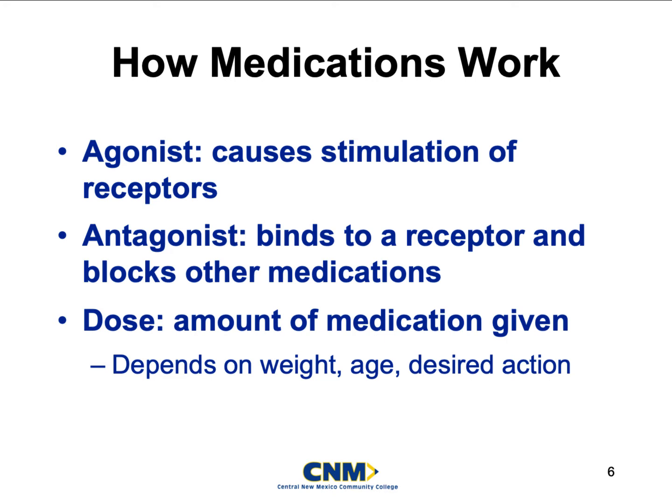An antagonist actually binds to the receptor site, and it blocks other medications from stimulating that receptor. In your scope, you have one antagonist. You have a medication known as naloxone, and we're going to get there here in a sec. It's also known as Narcan. You're going to become very good at administering Narcan because it is used for opiate overdoses. What that does is if somebody, for example, overdoses on heroin, you guys give the Narcan to somebody.